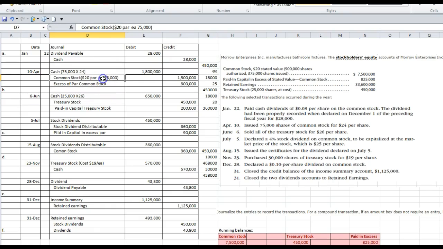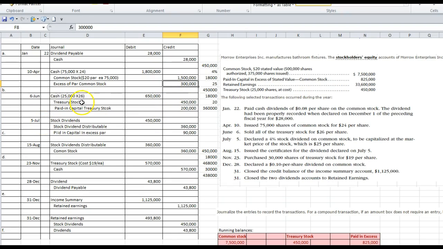Common stock is going to accept the stock, and then this is going to record the amount of money that we've received over the par value in the equity section. So we have 75,000 times 24, which is 1.8 million, and then we have 75,000 times $20, which is 1.5 million. Difference between the two is the $300,000 in excess.